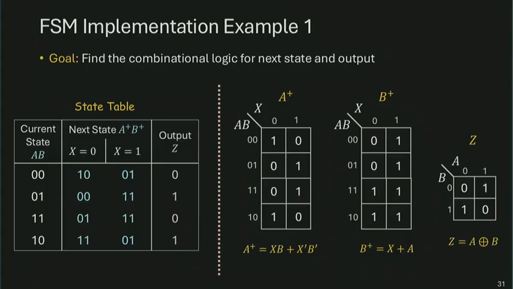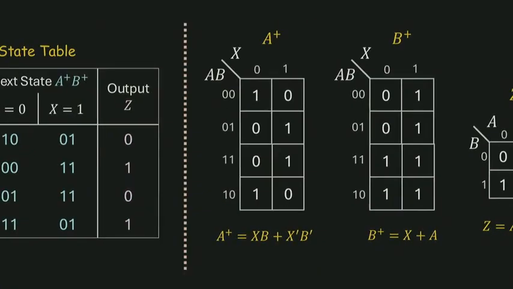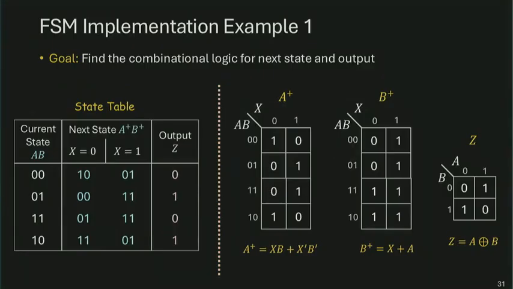So what we can do is separate out those columns into separate K-maps. Some people, at this point, can just look at this table and directly write out the Boolean expression. But for clarity, you can separate the A plus columns into one K-map, the B plus columns into another K-map, and then do logic minimization separately. All of these A plus columns are my A plus function based on the state and the circuit inputs, and that goes to one K-map.